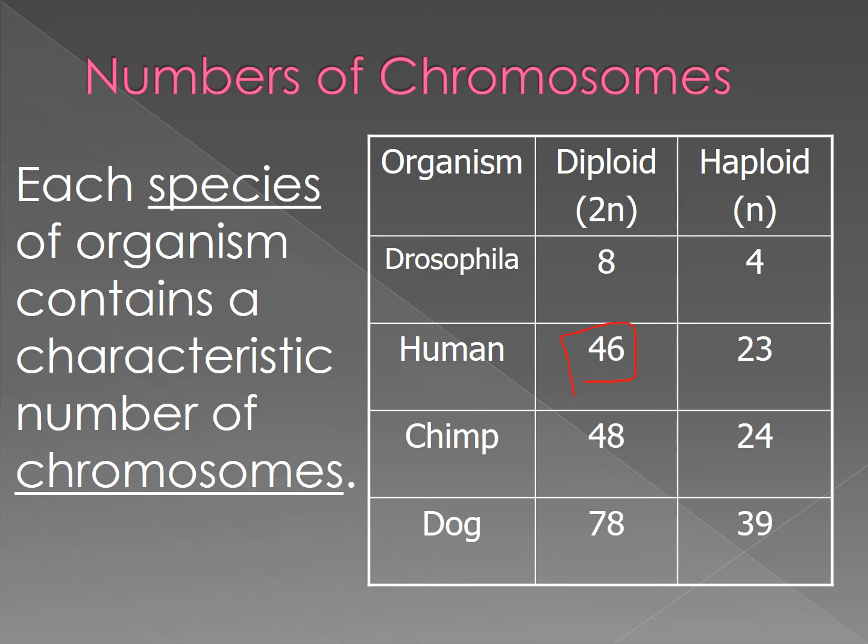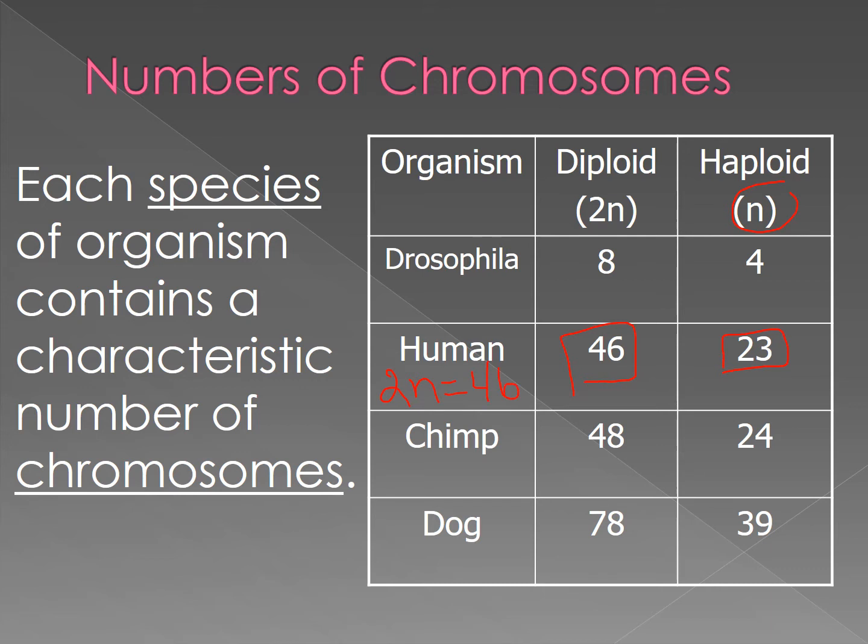So again, humans, we have 46. That's 2 times N. Well, N is our haploid number, which is the number of chromosomes in one cell. And if we cut it in half, that's obviously 23. How do we get it again? 2N equals 46.